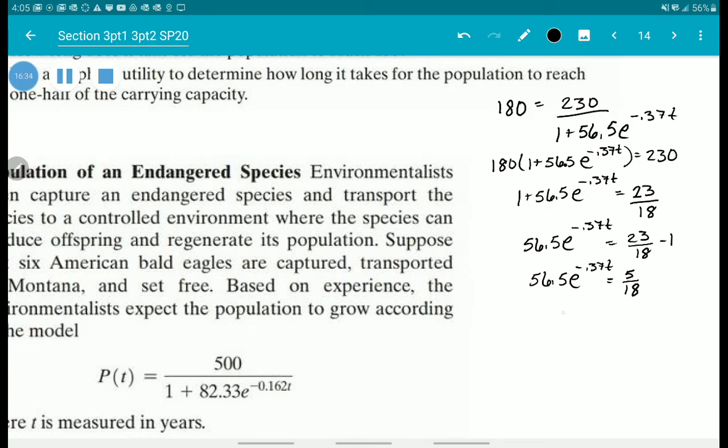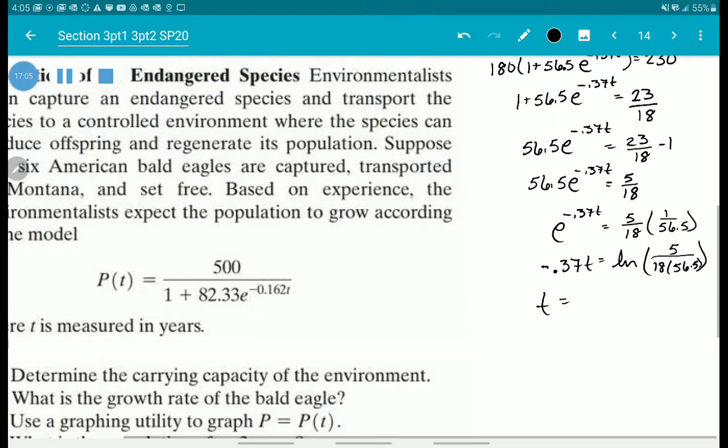We could divide by 56.5. So we have 5 over 18 times 1 over 56.5. Take the ln of both sides. And then divide by negative 0.37.